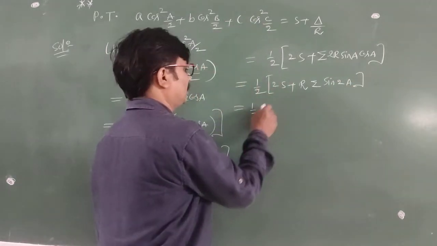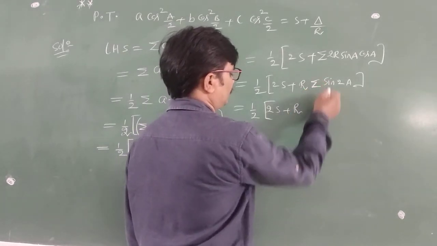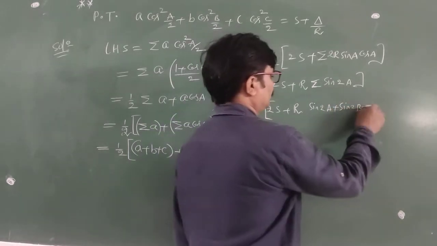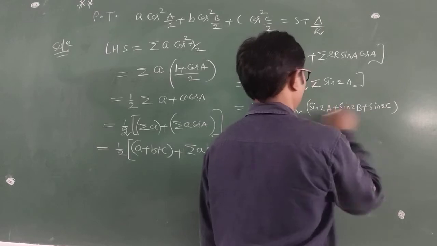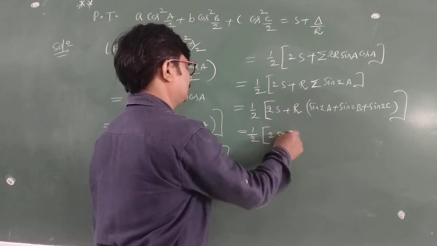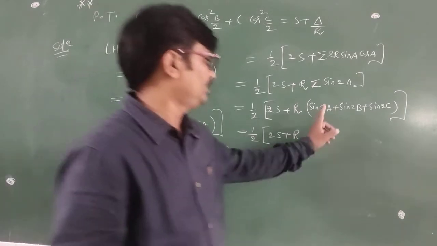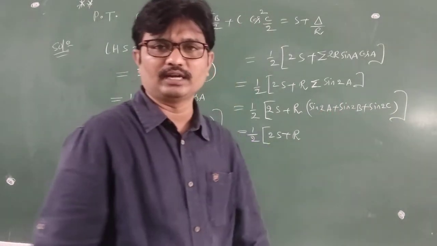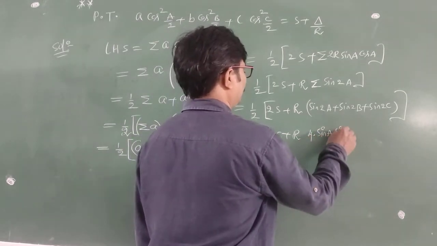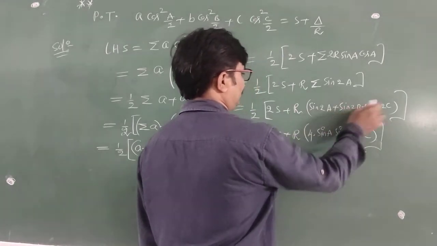Now this is 1/2 into 2s sigma R into sin 2A; removing the sigma, it will be sin 2A plus sin 2B plus sin 2C.